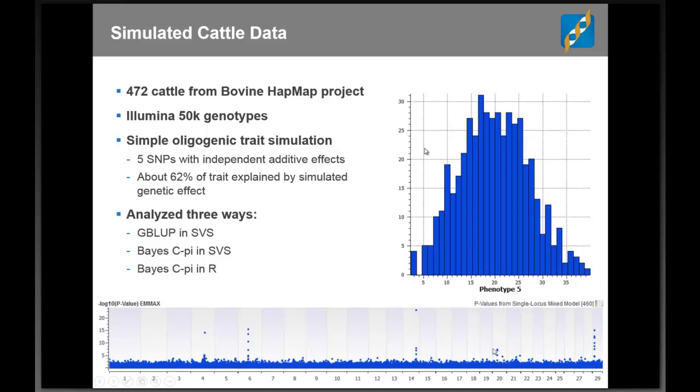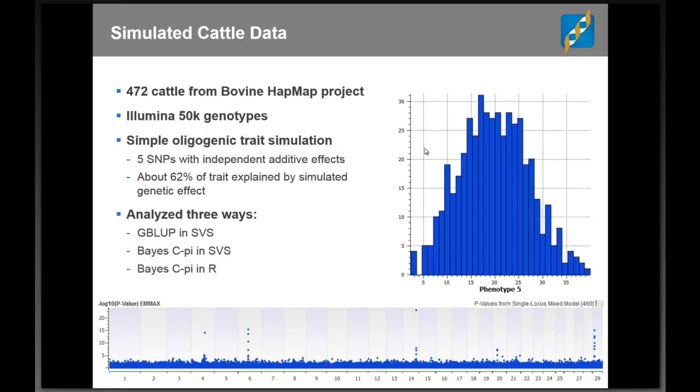But what we'll do with this is walk through and show some examples of what happens analyzing this data in a few different ways. We'll look at running GBLUP in SVS, Bayes-C-pi in SVS, and a few comparisons of Bayes-C-pi implementations available in the R package.